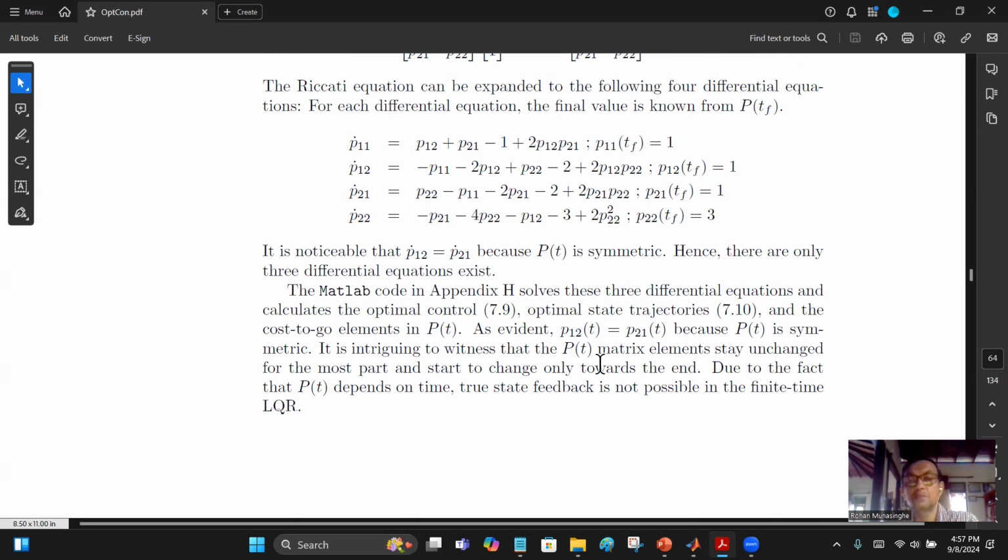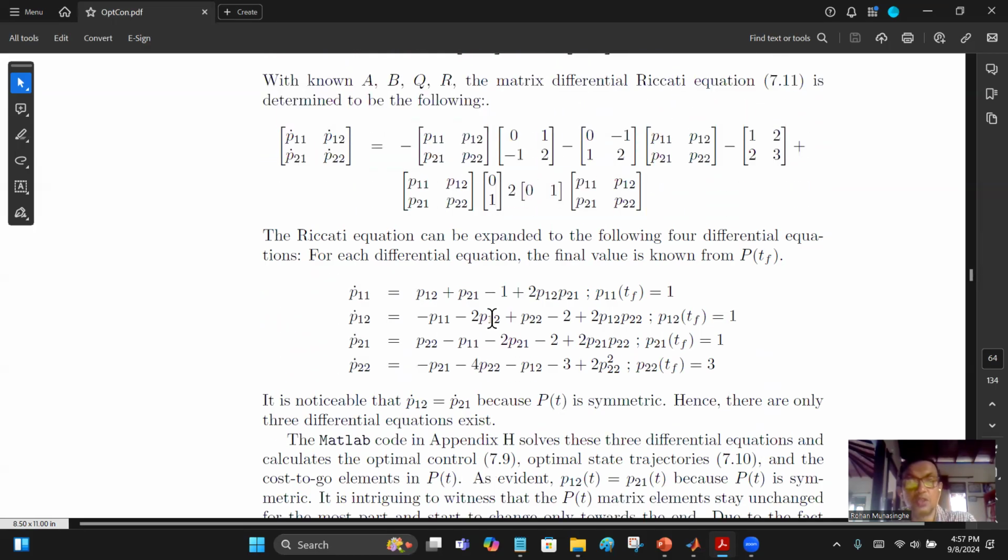So you can use the MATLAB code given in the appendix, which solves these three differential equations and calculates the optimal control 7.9. So once you solve the differential equation, you can get the values over the entire range, okay, from 0 to TF. When you have P, you can calculate the states, the controls, and everything. You have done the pre-computation.